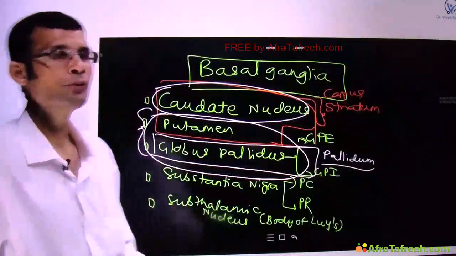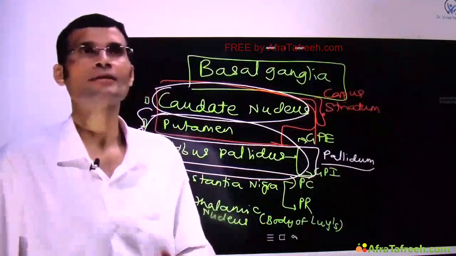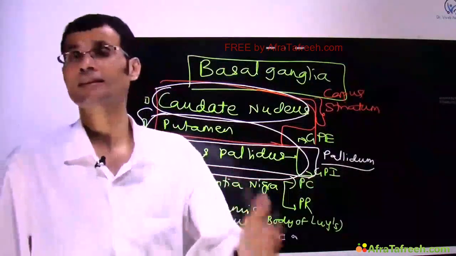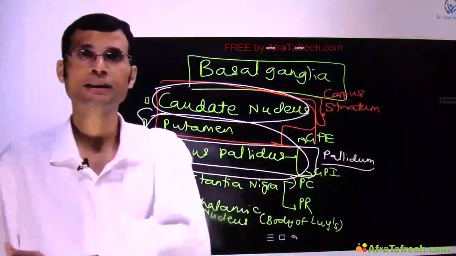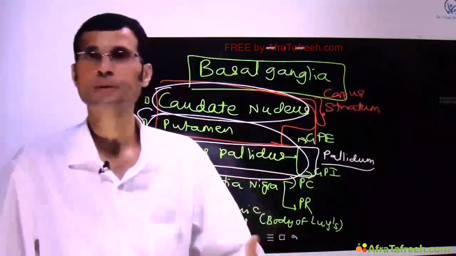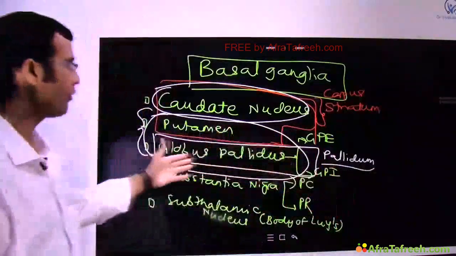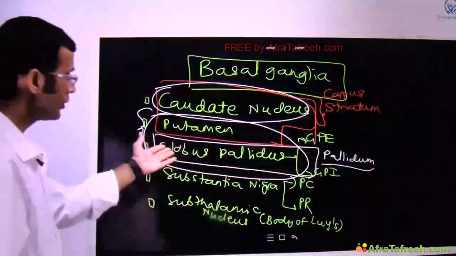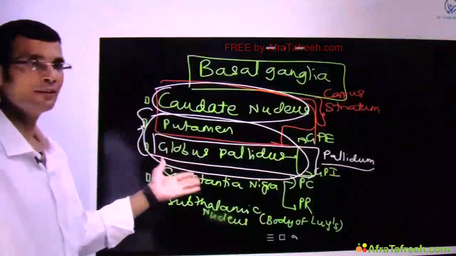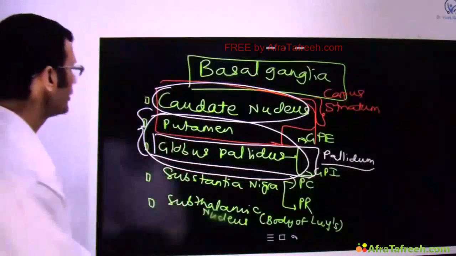This lentiform nucleus, for instance, is involved in the Wilson's disease, hepatolenticular degeneration, excess deposition of copper in the lentiform nucleus and the liver. So that's the lentiform nucleus and hepatolenticular degeneration.